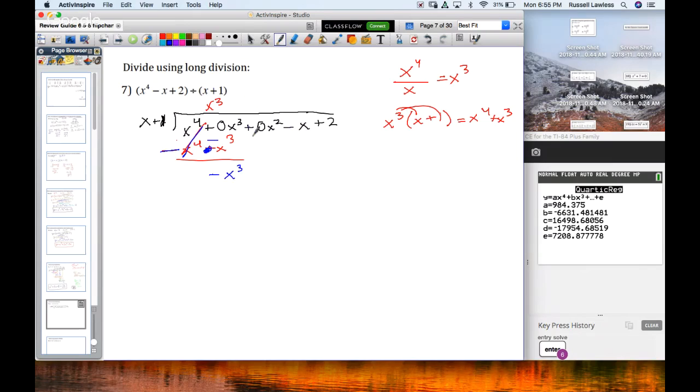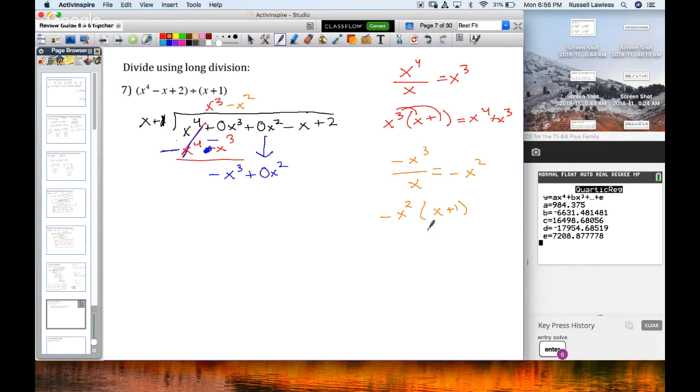So this is again a polynomial of 2 terms, also known as a binomial. So we're going to bring down the x squared. We're going to take a look at this negative x cubed and divide it by this x. That then is going to leave me with a negative x squared. So that means negative x squared is going to go on the top up here. And I'm going to distribute a negative x squared to x plus 1.